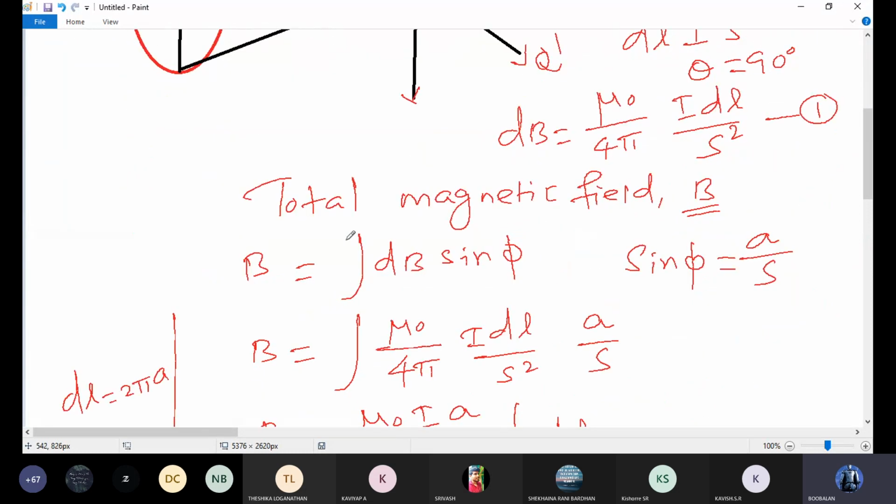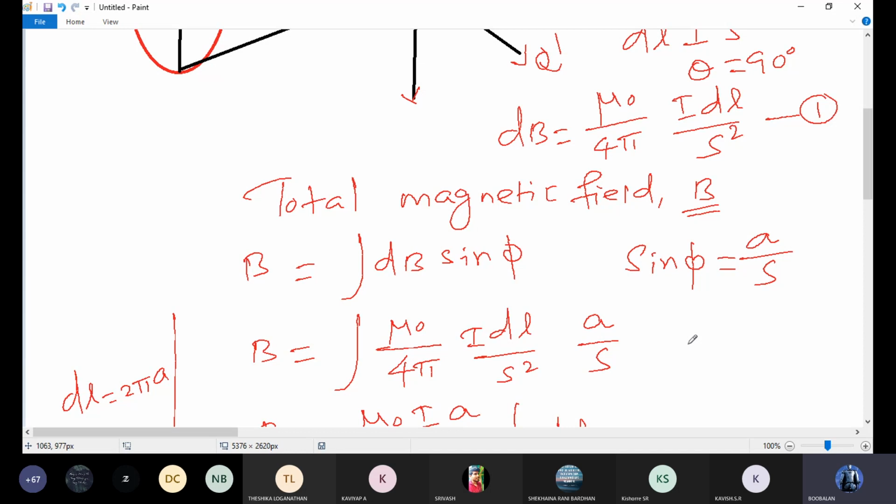So finding the total magnetic field, B equal integral dB sin phi, where sin phi value is a by s. Why are we using dB sin phi? Because only dB sin phi acts, dB cos phi is not possible.